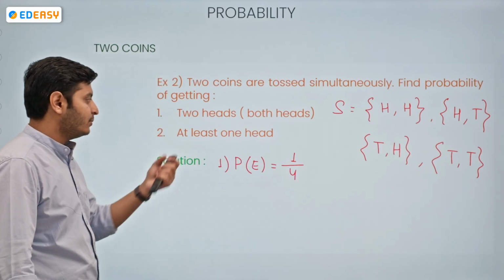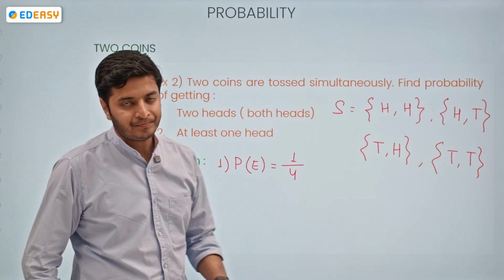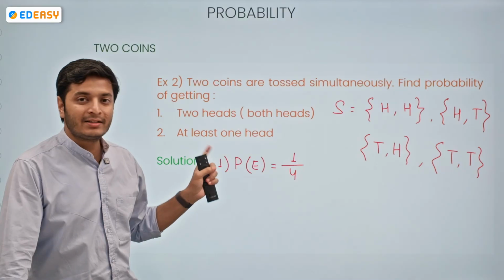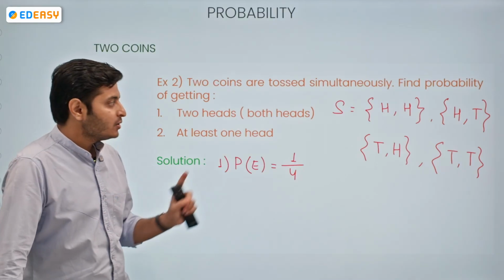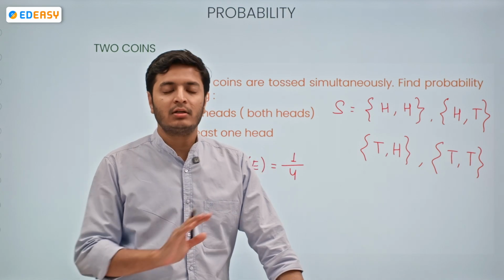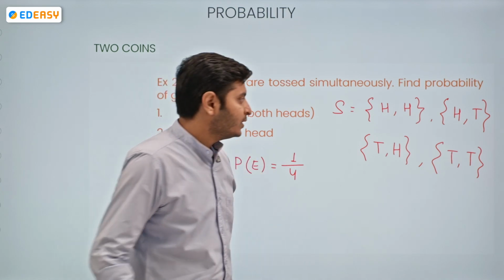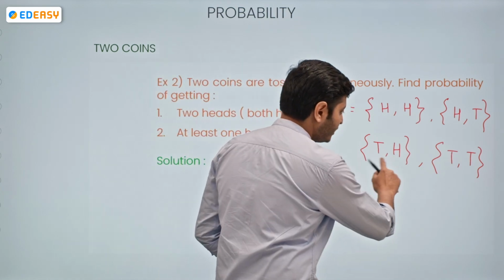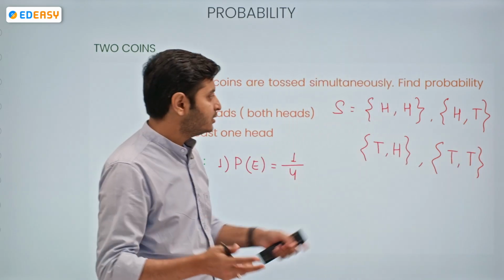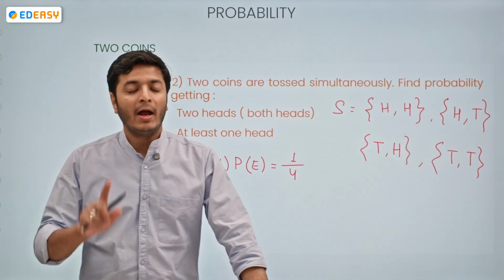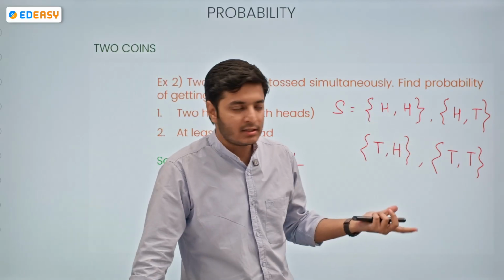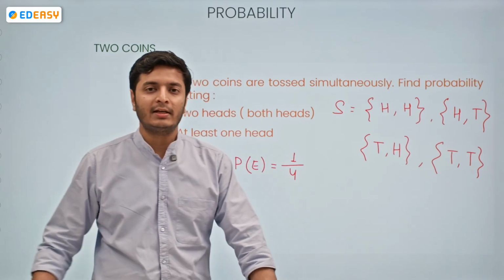Then the second part, at least one head. Now we need to understand this problem very carefully. If it is written at least one head, all the cases where you can see at least one head, we are going to consider as favorable outcomes. So how many such cases are there? Here I can see one head. Here also I can see one head. Two cases. Here also I can see at least one head. Both the coins are showing heads, but it should be at least one.